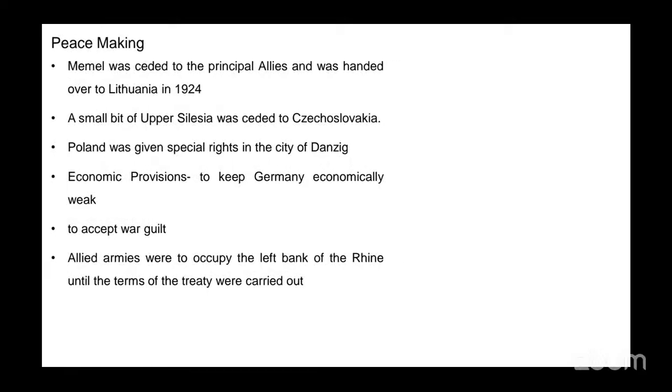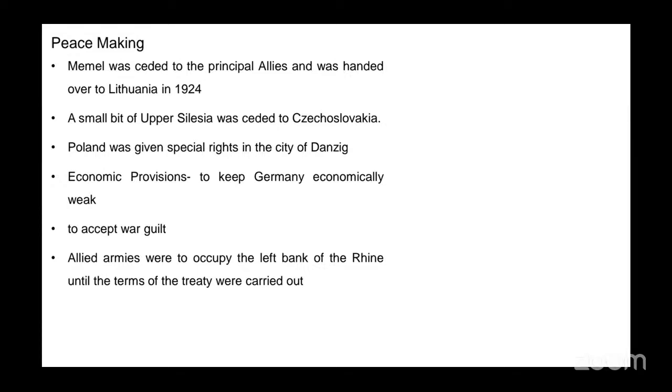The main agenda of these economic provisions, or whatever the territorial, military or political provisions, was to keep a check on Germany. They wanted to zone Germany off, or build a wall around Germany, so that it could be controlled. In the economic provisions, see, how can you control a nation?